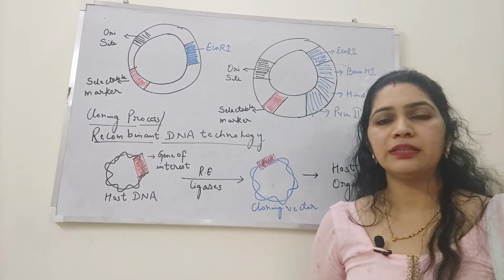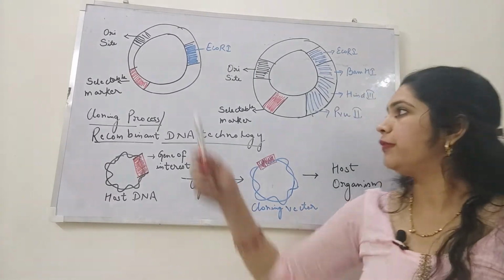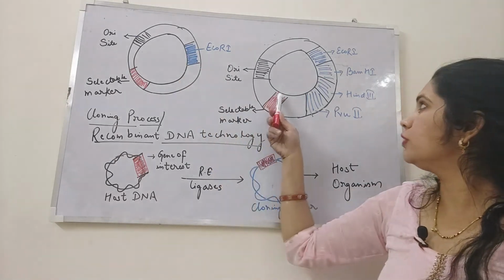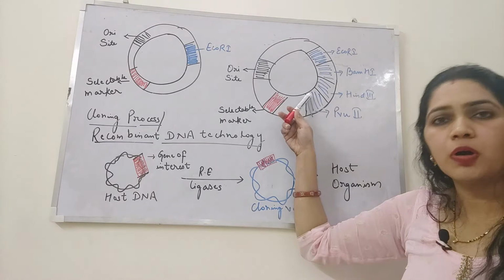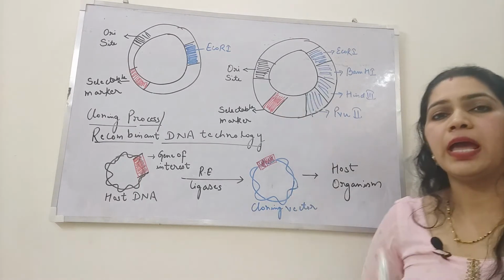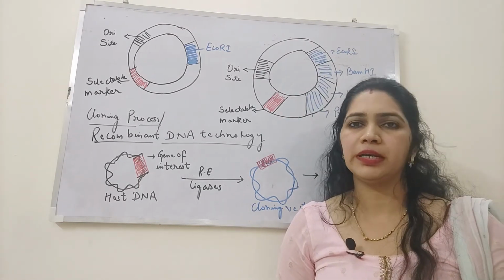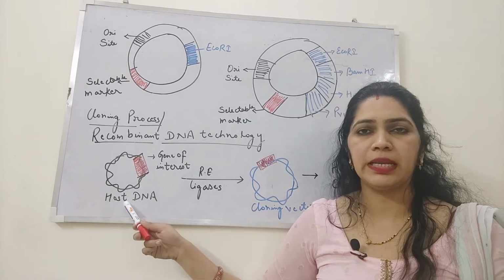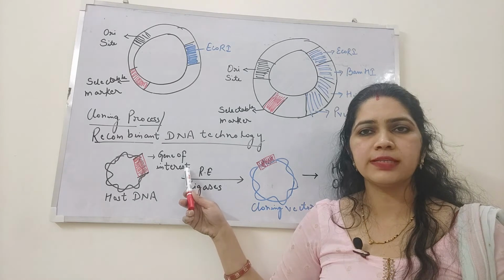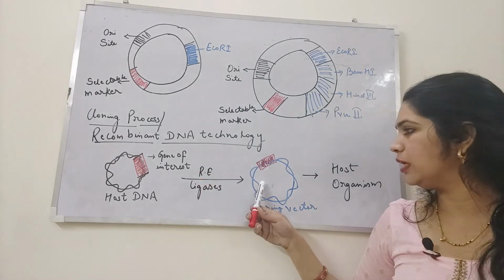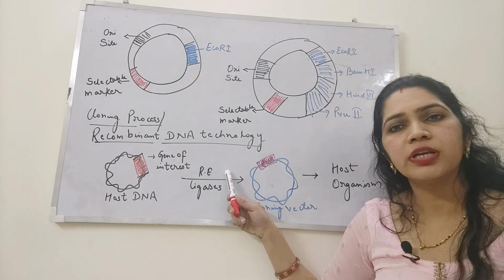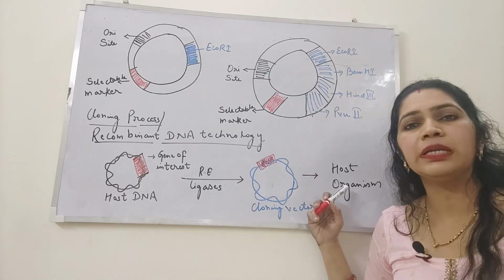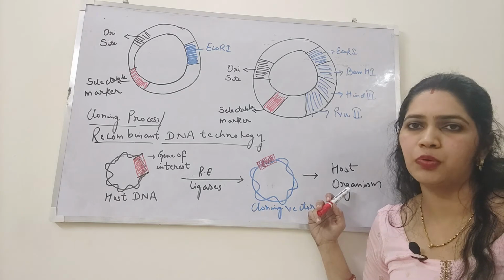Here you can see that there are two figures of cloning vector. Figure 1 represents a single cloning site in the cloning vector, whereas in figure 2 you can see a multiple cloning site or a polylinker. As we all know, in recombinant DNA technology, our gene of interest is isolated from the host DNA with the help of restriction endonucleases, which is then inserted into a cloning vector, again with the help of restriction endonucleases and ligases, and then into a suitable host where it will get expressed to give us the desired product.